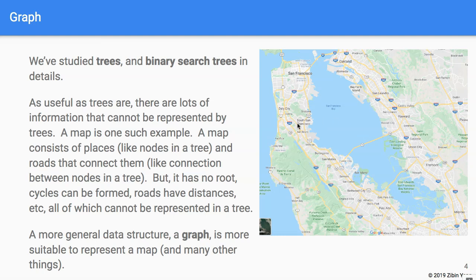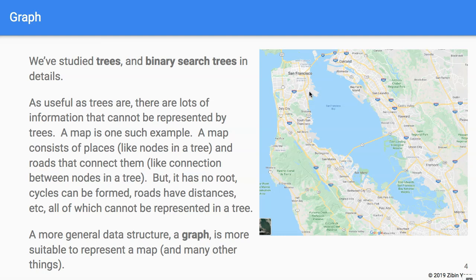You look at it, it has all these little places, a city, a house, a park. Those are kind of like nodes in a tree. And then these places are connected by highways, roads, etc. So those are kind of like the connections between the nodes in a tree.